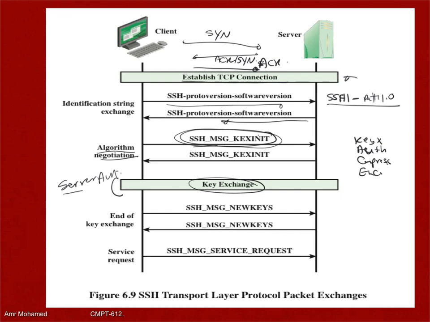And as part of this, the server has to authenticate itself to the client. Once we do this, there is a message similar to change cipher spec, which means that we have finished everything.